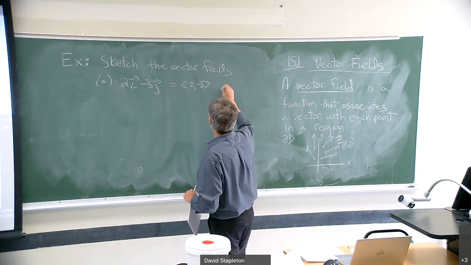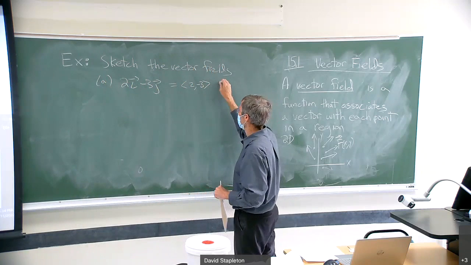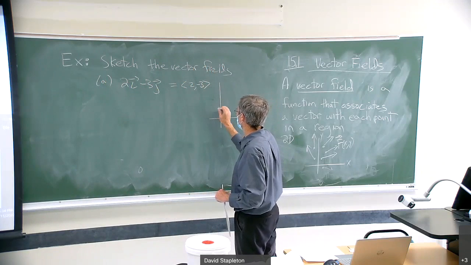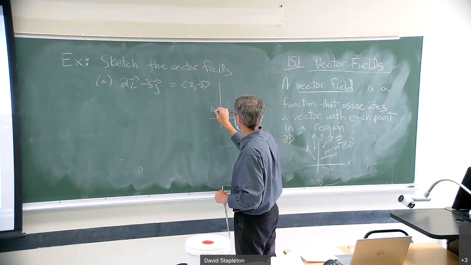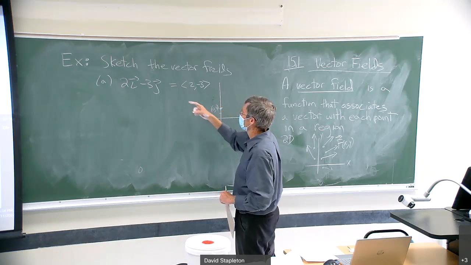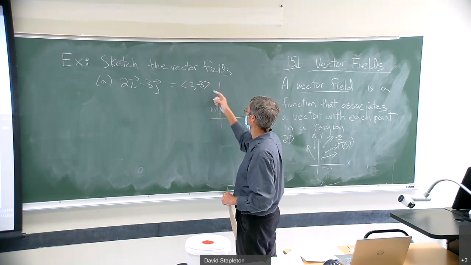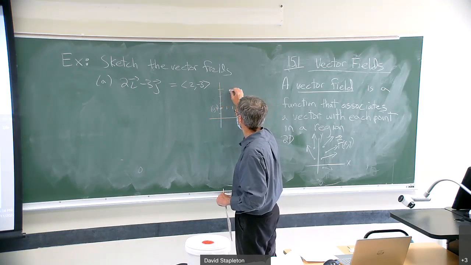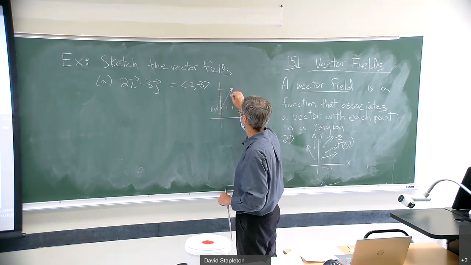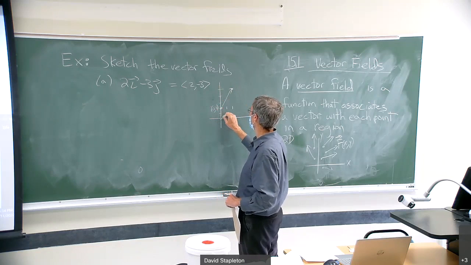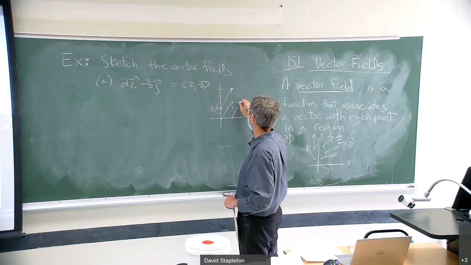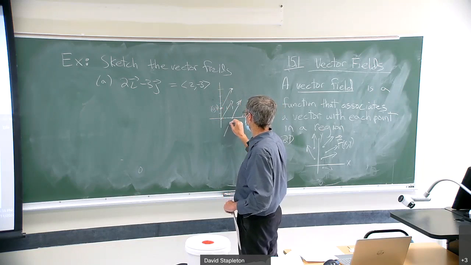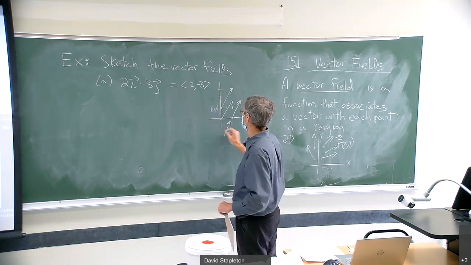The idea is this is a constant vector field, so all the vectors are the same. If you go to any point, like here's maybe 0, 2, you just draw 2 to the right, 3 down: 1, 2, 1, 2, 3. And there's the vector at that point. But you go to any other point and it's the same. So when they're all the same length and the same direction, you gather that this is a constant vector field.